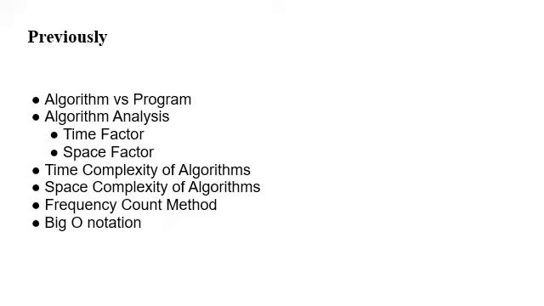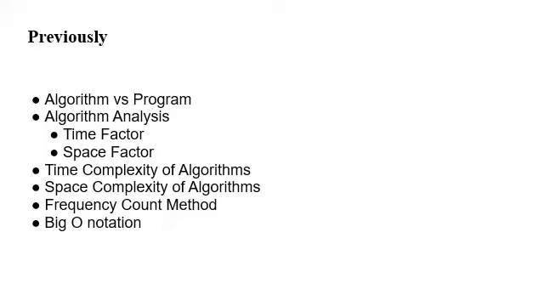Then we studied time complexity and space complexity of algorithms. In time complexity analysis, we calculated a generic representation of the order of unit times that an algorithm takes to execute fully from start to end.